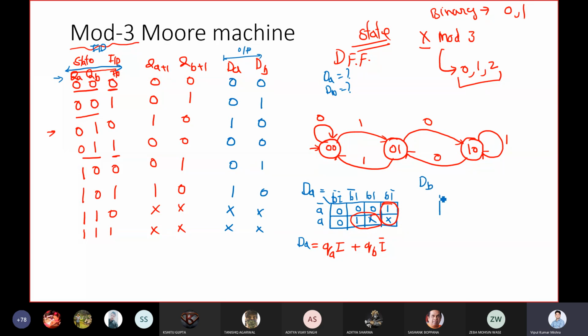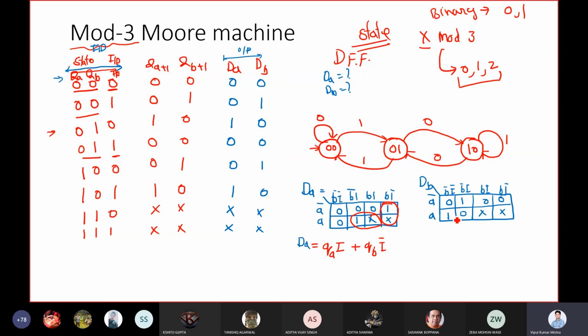Now we want to find the equation for DB. So we have taken A bar, A, B bar, I bar, B bar, I, B I, B I bar. Now the values are 0, 1, 0, 0, 1, 0, X, X. So here we have one pair and one singleton.